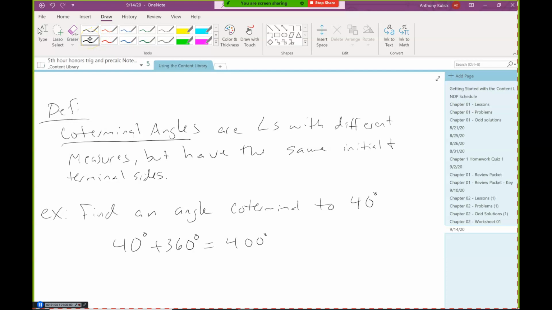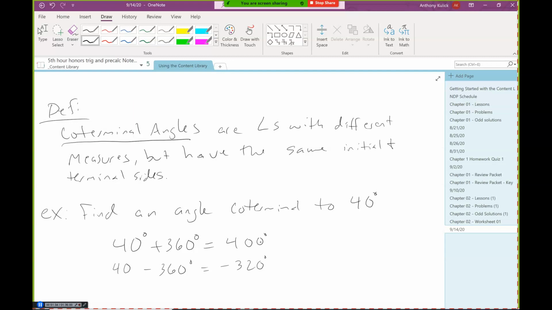What if I wanted another coterminal angle? What's another angle coterminal to 40 degrees? How would I find that? Okay, you want to subtract 360? Sure. We haven't defined what a negative angle means yet, but that's on the to-do list here in a second.